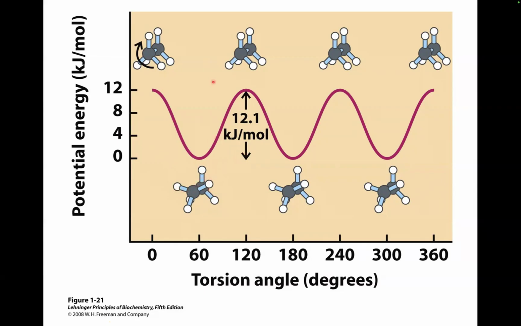And so even within this quote unquote free 360 range of freedom on this carbon-carbon single bond, there actually are some favorable positions that maximize the distance between the hydrogens on this bond. And so the cell can actually utilize these differences in order to form an energetically favored three-dimensional shape.